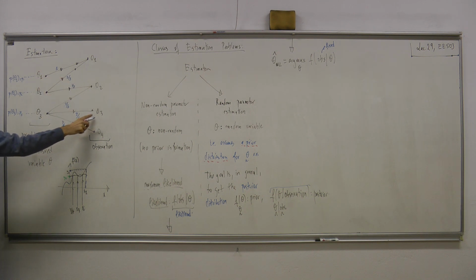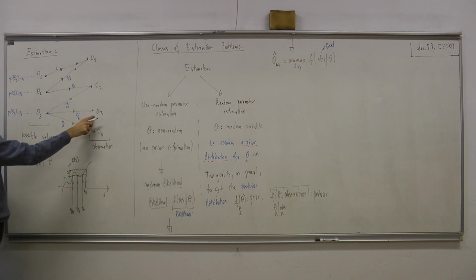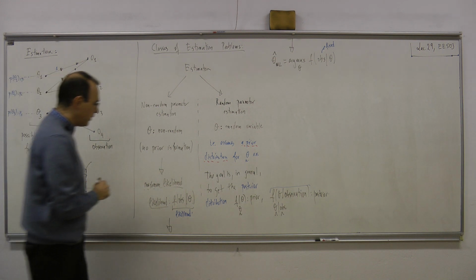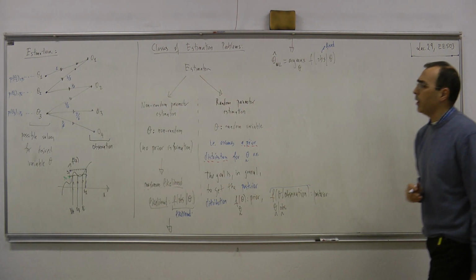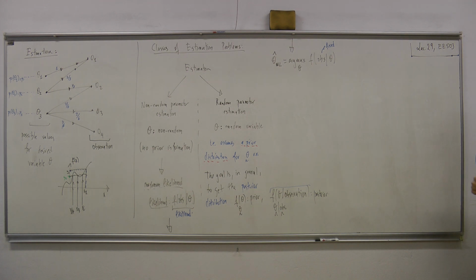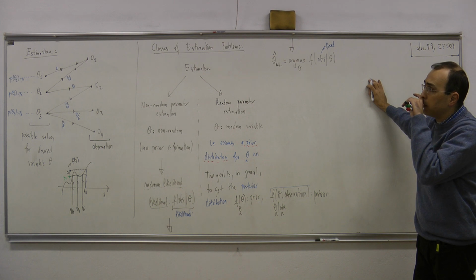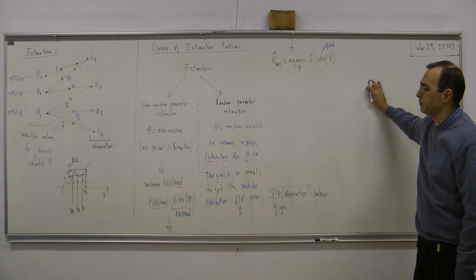How about this one, observation number 3? Observation number 3 is only mapped with this. All others always have 0 likelihood. Observation 4 is only mapped with this. So as you can feel, this makes some sense. This likelihood interpretation and its maximization makes some sense in this estimation problem.